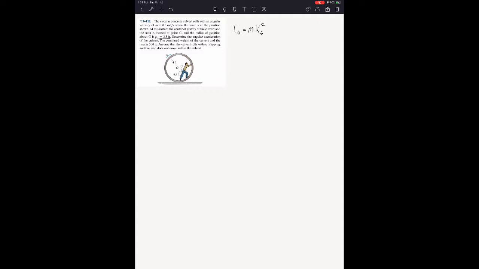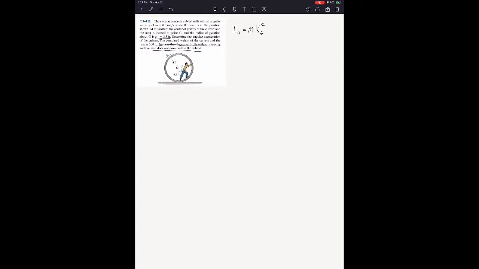So I'm a little bit concerned and curious about two different free body diagrams here. One very important part of this is it says assume that the culvert rolls without slipping, that's one, and the man does not move within the culvert. That's really important. It means that the man is stationary while the culvert rolls.